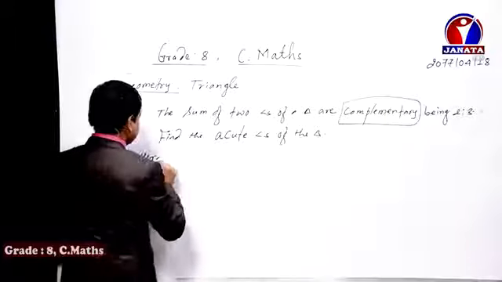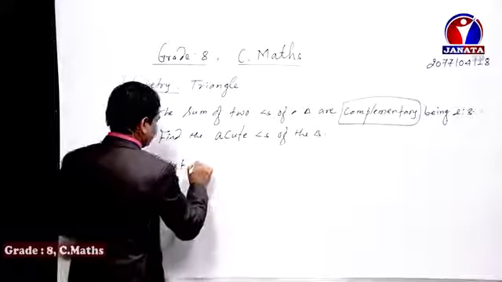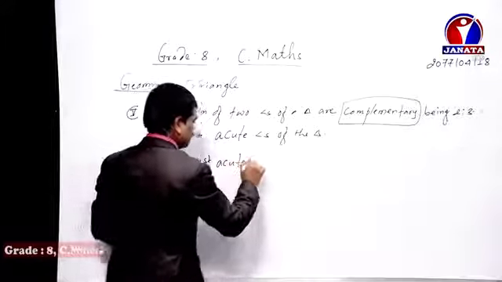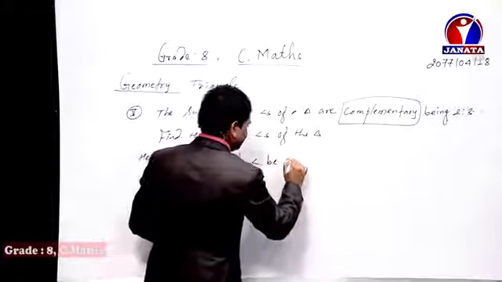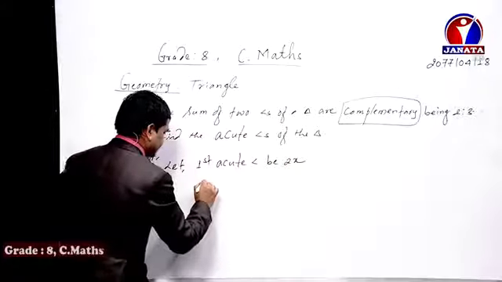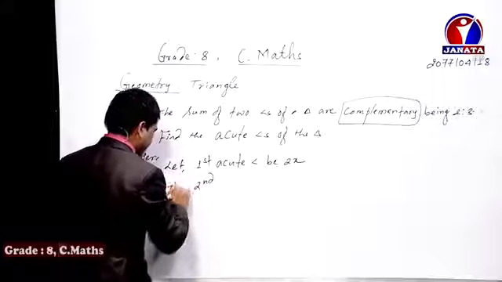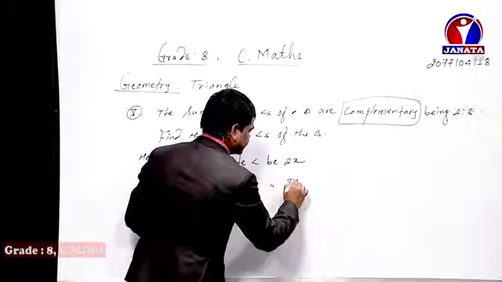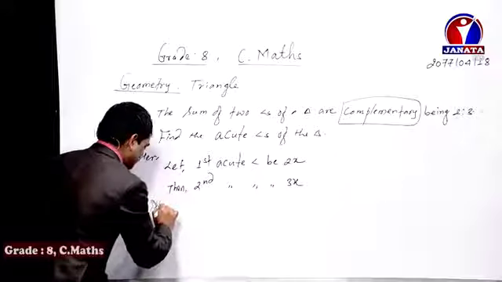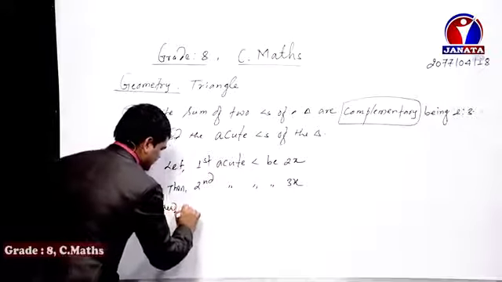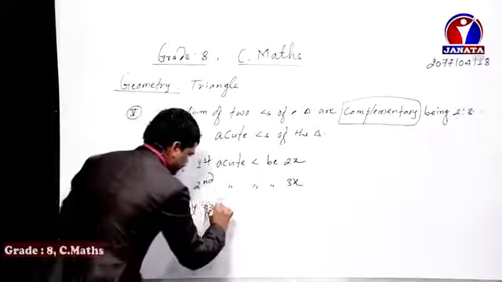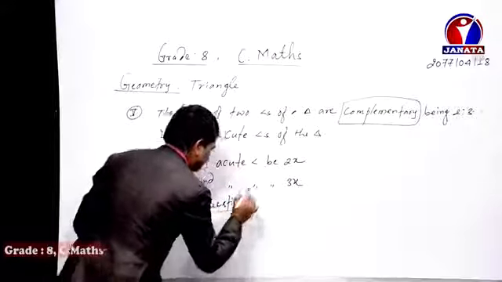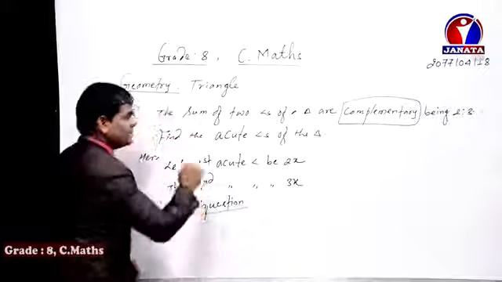Let first acute angle be 2x, then second acute angle be 3x. Now by question, we need to write in this way. By question, their sum becomes complementary, isn't it?